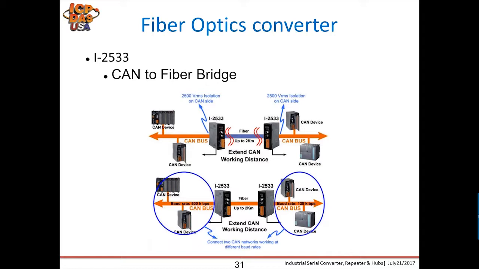By using this module, the transmission distance will not be reduced because of the CAN bus rate, which means the total network length will be extended. This feature means user can develop their application to be more powerful and flexible.